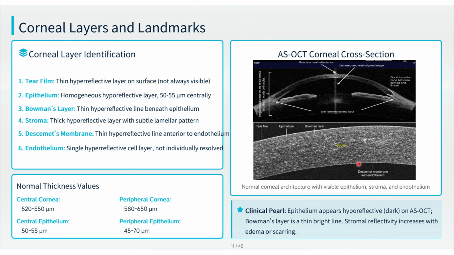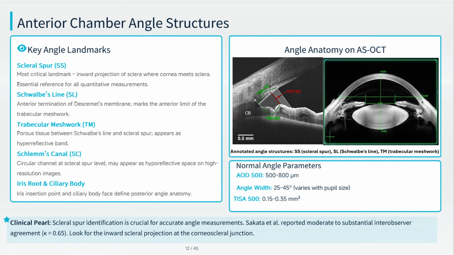So the endothelium is a hyperreflective layer, however the epithelium is a hyporeflective layer. So these are some of the important markers of the corneal thickness in the center and the periphery, also the epithelium thickness in the center and the periphery. And this is the detailed structure of the cornea as well.